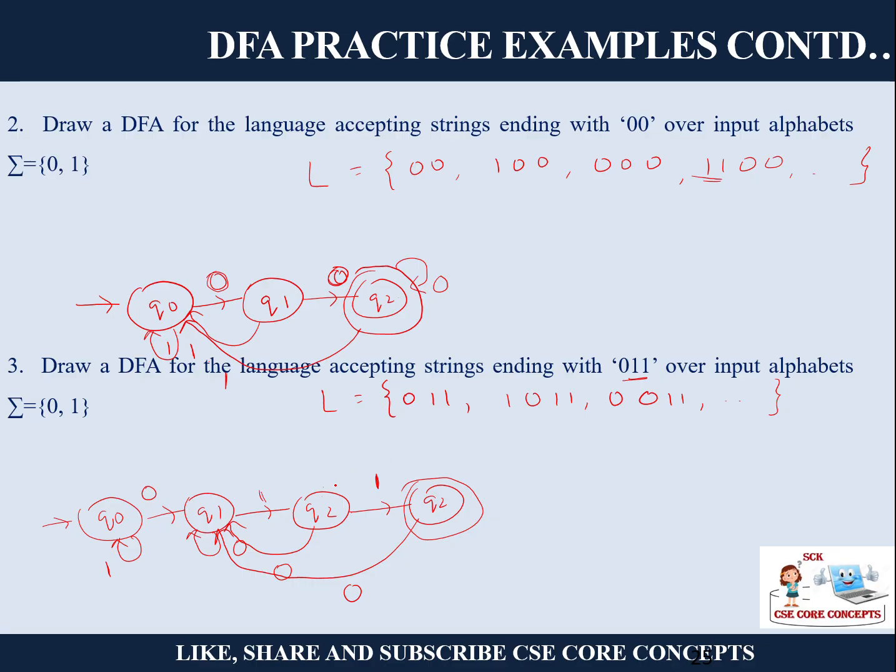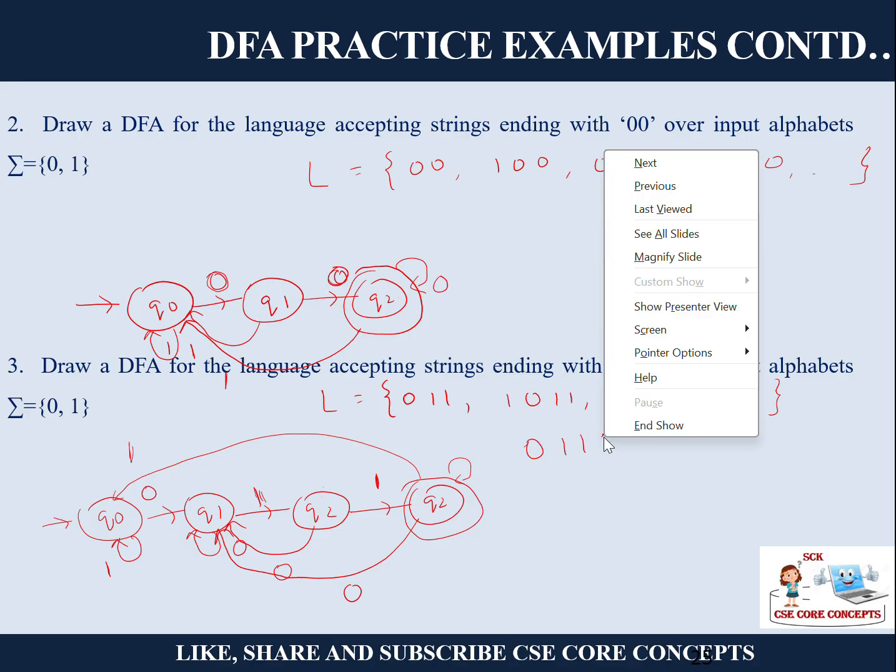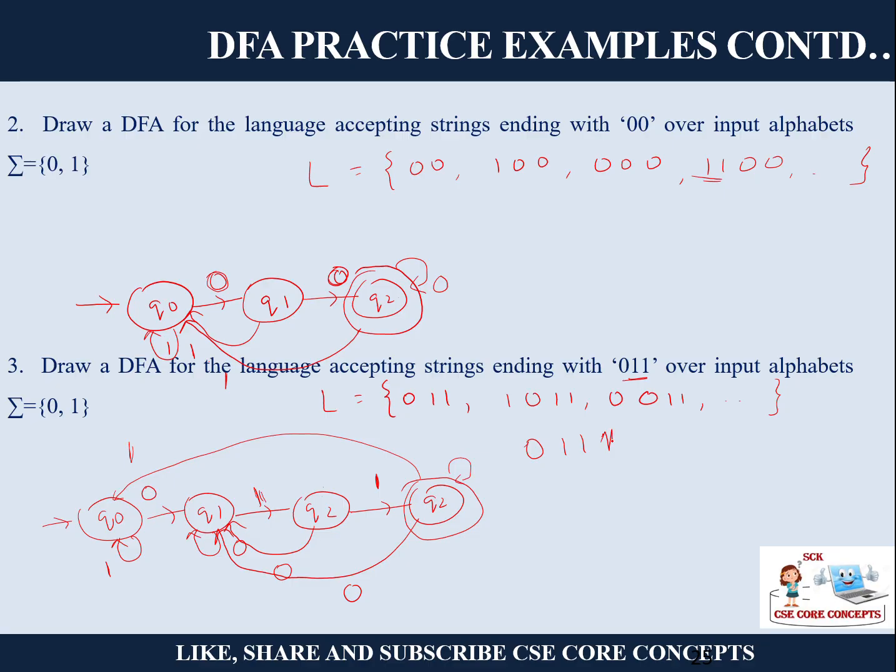Not a problem. Okay, I can go to Q0. Even if I am getting a 1, I may remain here also because 0, 1, 1. So if I have 3 ones, is it acceptable? No, it is not acceptable. Understood? So I will have to go to this initial state.